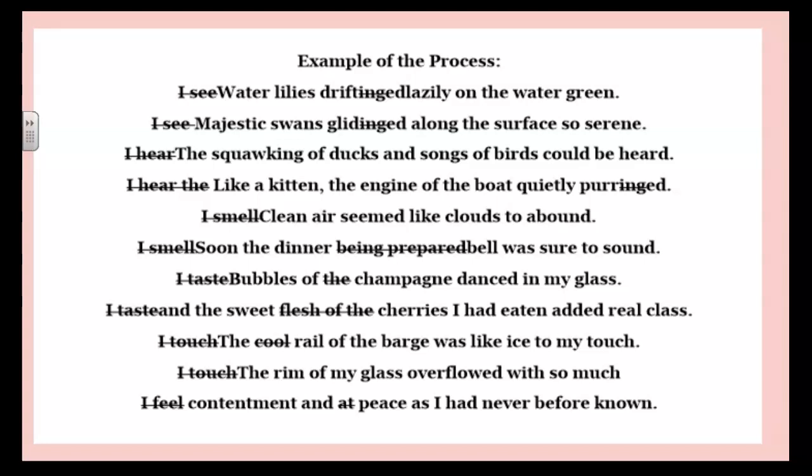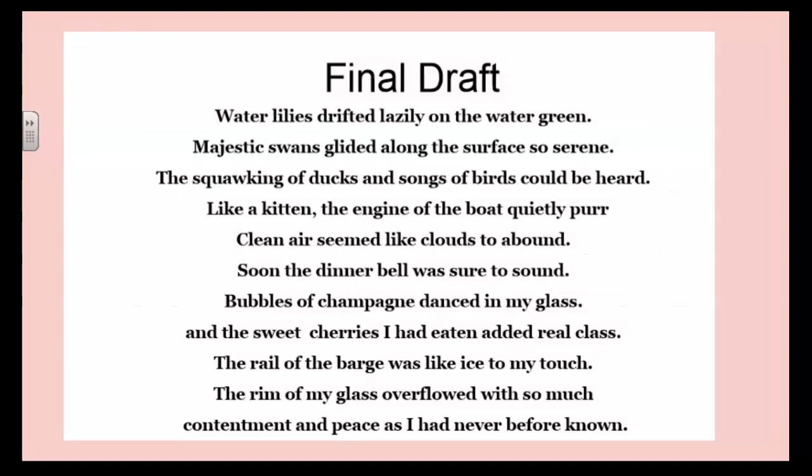So here's an example of the process. I've crossed out the I see, the I hear, I smell, and then I've added and changed things in the poem. And then we have this: water lilies drifted lazily on the water green. So the image there of what I see: majestic swans gliding along the surface so serene.